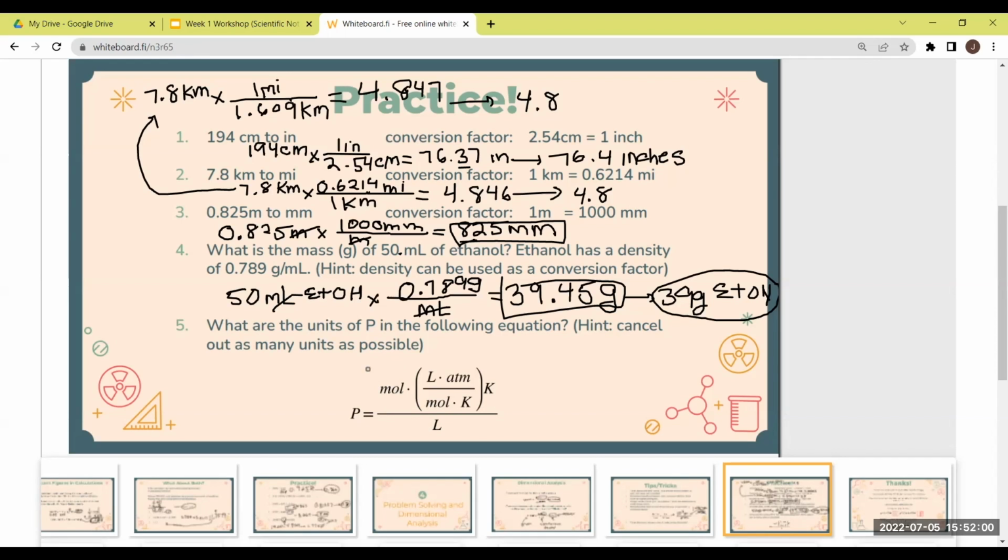We're looking for the units of P. If we do some canceling, we can see that this mole cancels out here, this Kelvin K cancels out here too, and we have liters in the numerator and liters in the denominator, so this also cancels out. What we're left with at the end is just atmospheres.